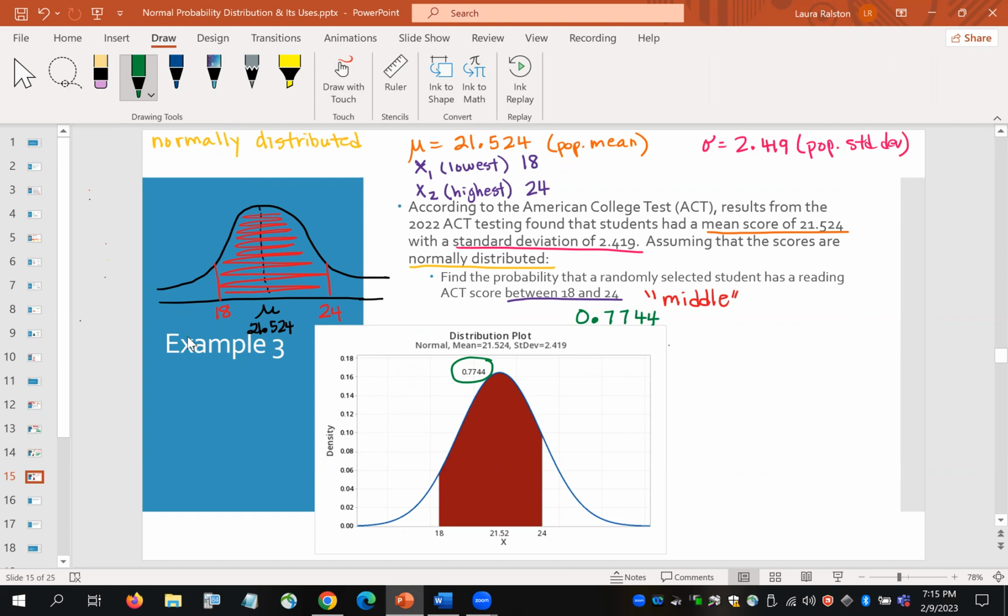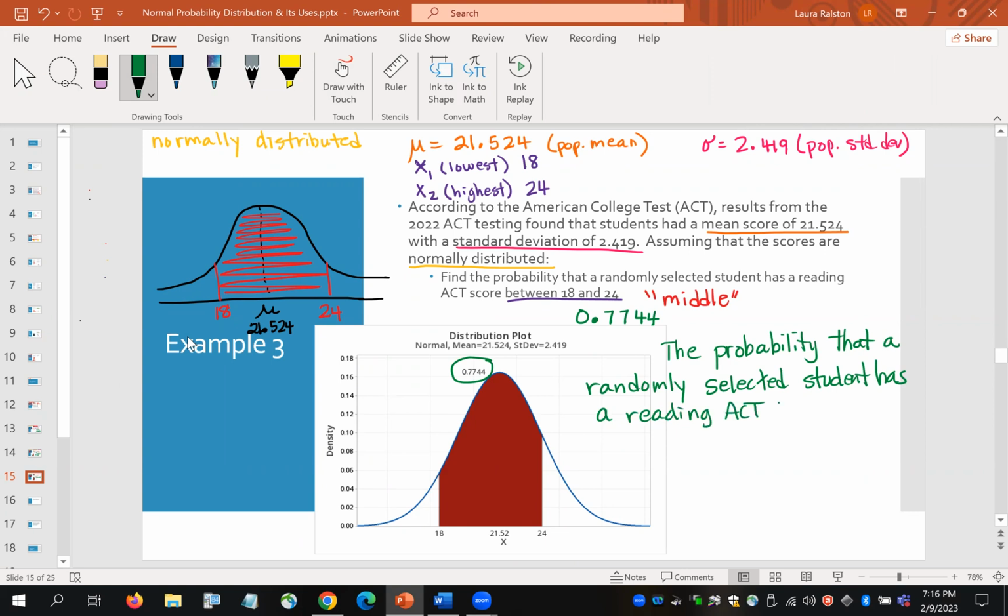So I would have the probability that a randomly selected student has a reading ACT score between 18 and 24 is 0.7744.